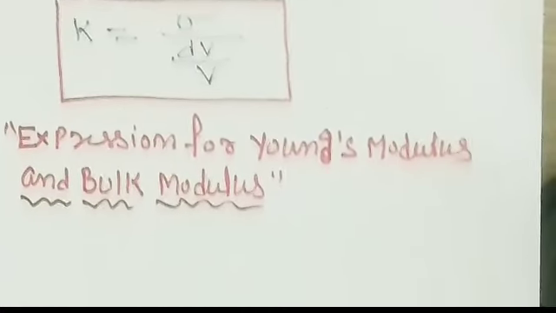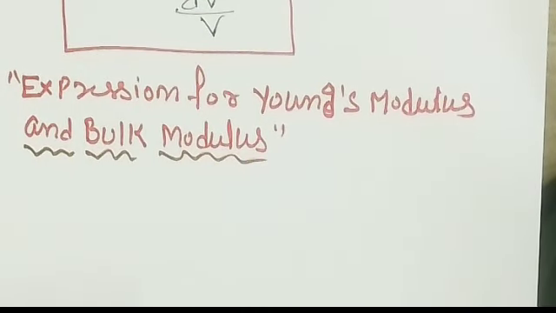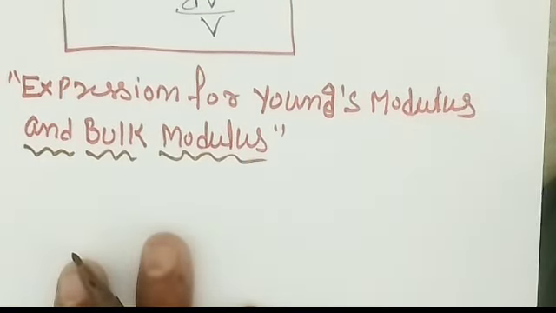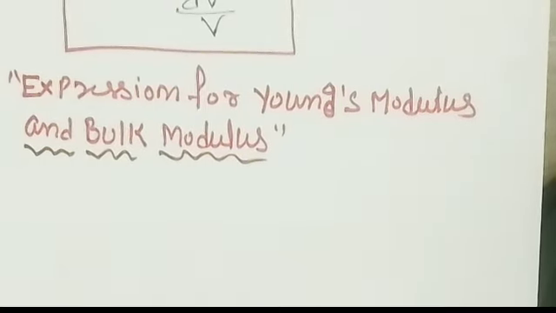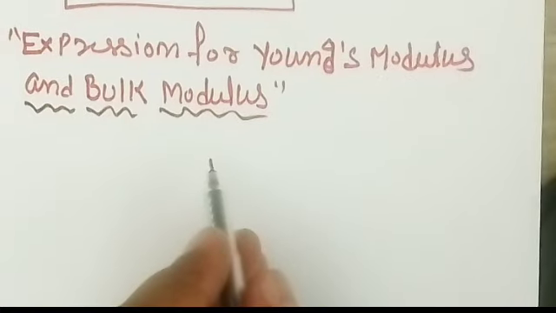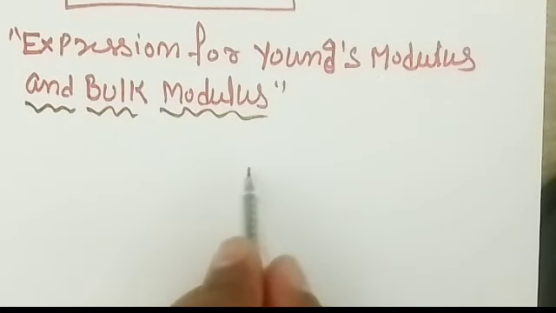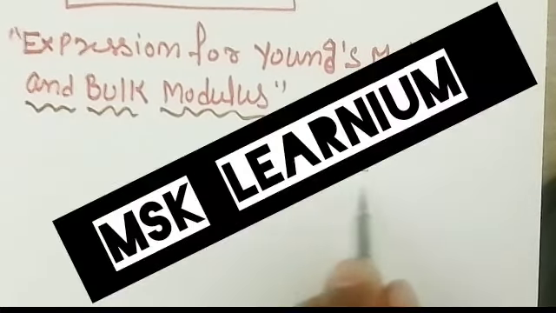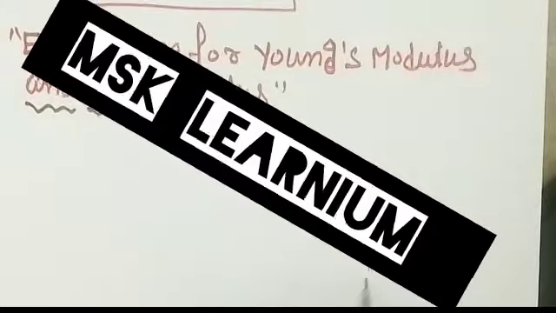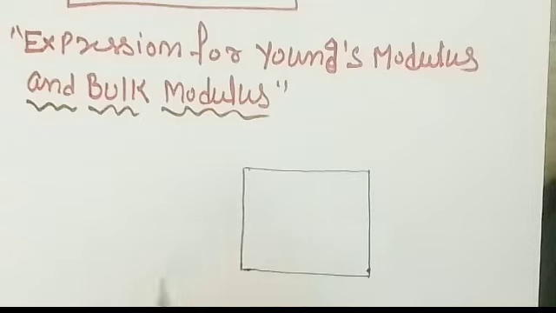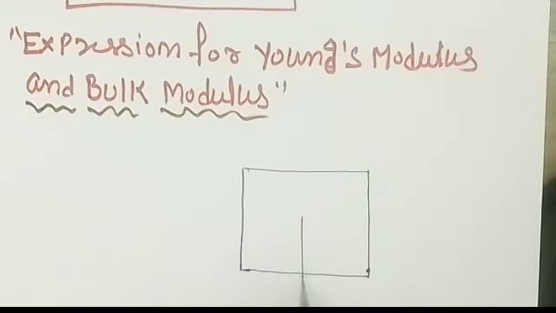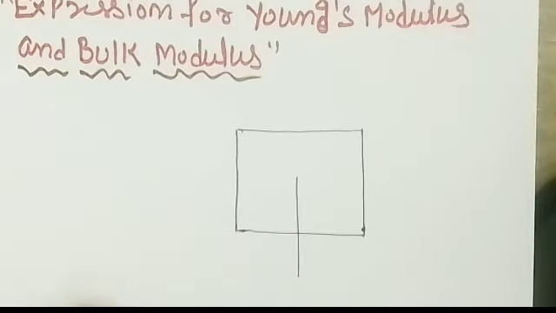For that, we have to consider one cube of length L. So first of all, we are drawing one cube of length L. This is the cube I am drawing.